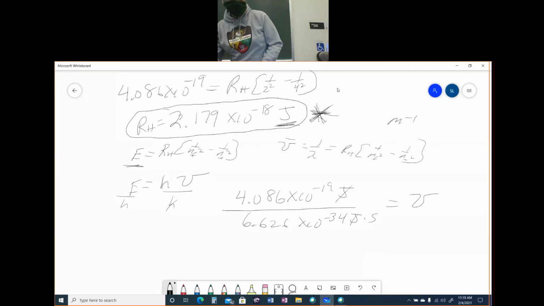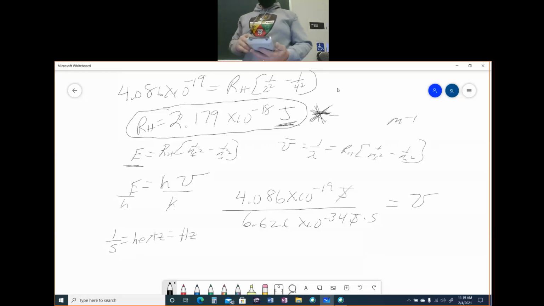Note that you need to know that 1 over seconds is called hertz. So if you see hertz, you need to know that that is a 1 over second.